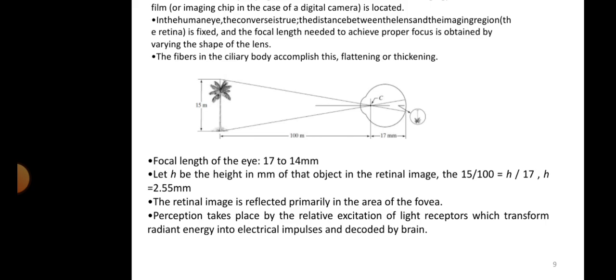So the retinal image is reflected primarily in the area of the fovea. Perception takes place by the relative excitation of light receptors, which transform radiant energy into electrical impulses that are decoded by the brain.